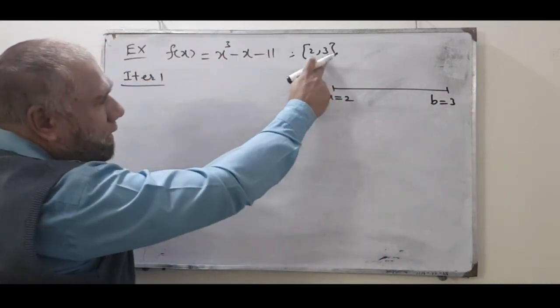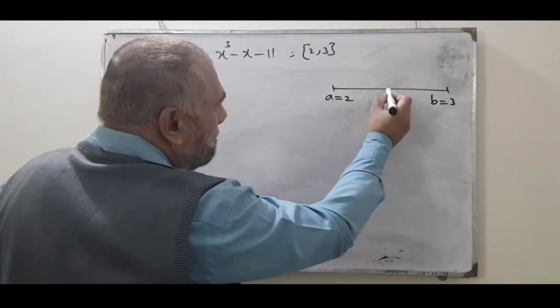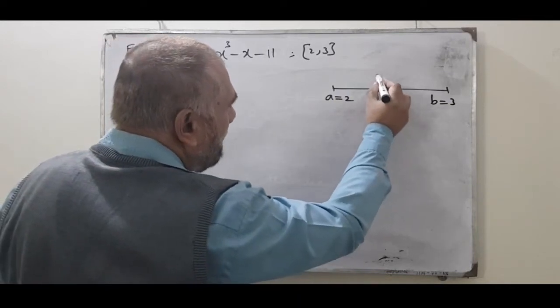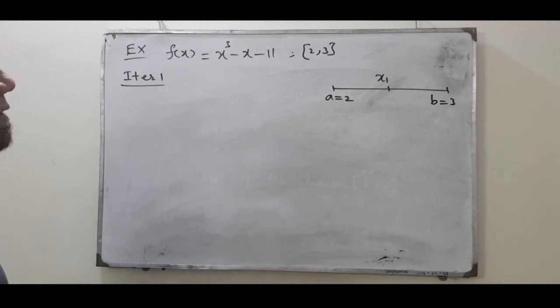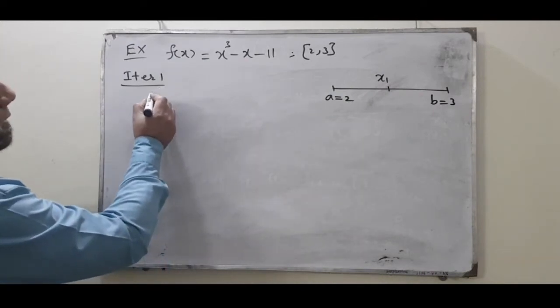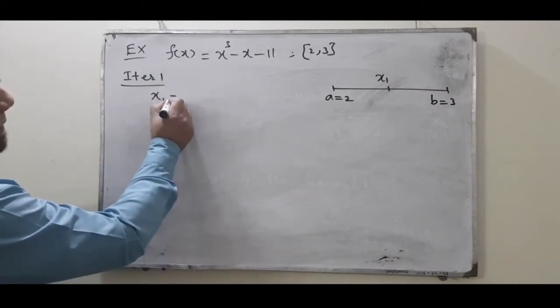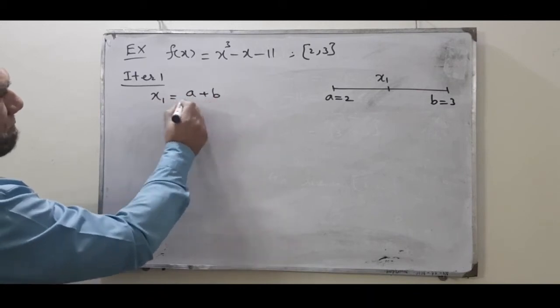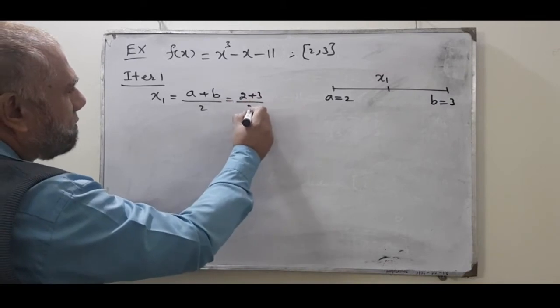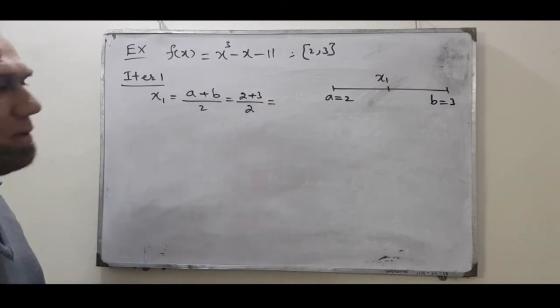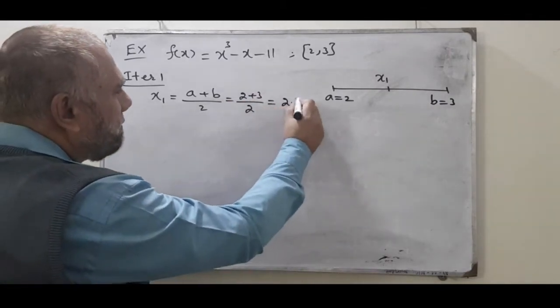I call it [2, 3] as A and B. And now I go in search of the midpoint, x1. Whenever we are interested in locating the midpoint, we use the formula A plus B by 2. So 2 plus 3 over 2. So 5 over 2 gives you 2.5.